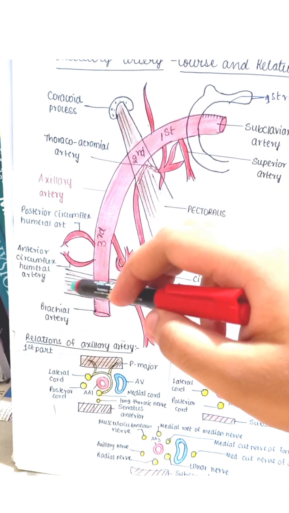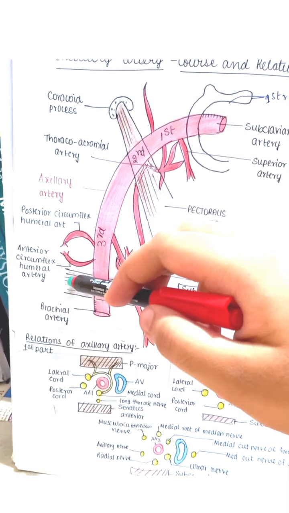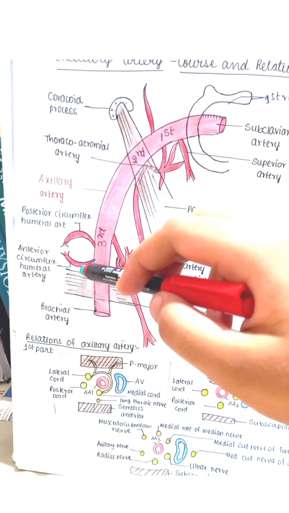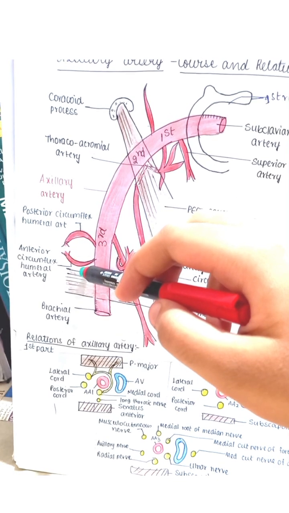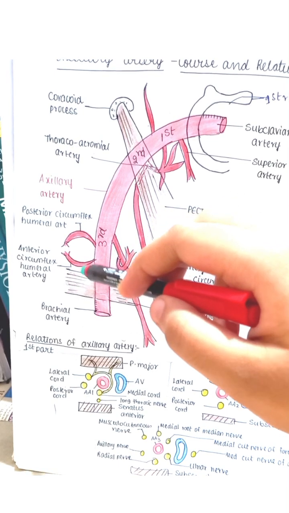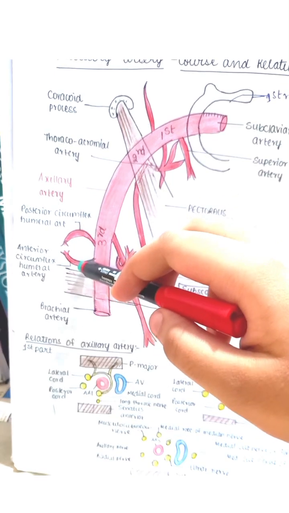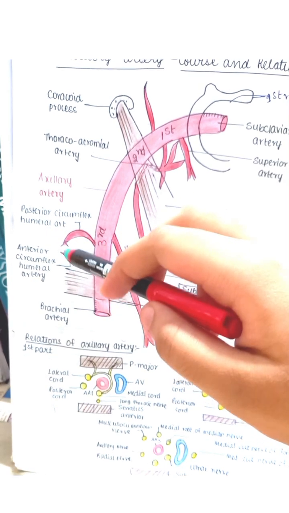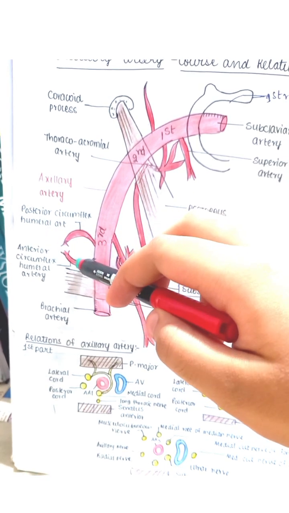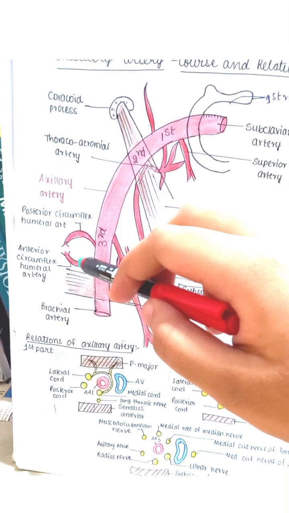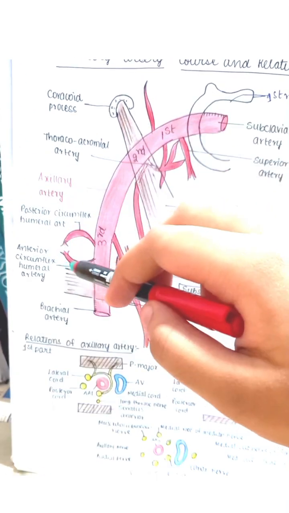The anterior circumflex humeral artery gives an ascending branch that runs in the intertubercular sulcus of the humerus, supplying the head of the humerus and the shoulder joint.